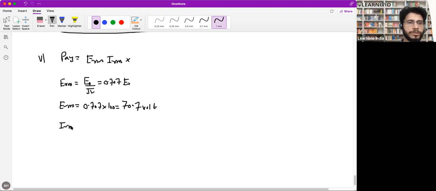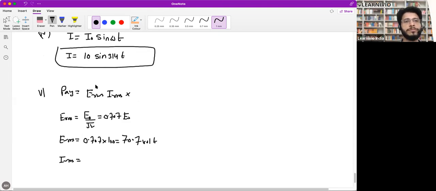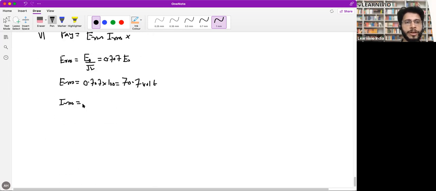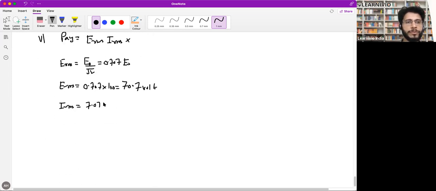Next, see how much is IRMS. IRMS is 10 by √2. Or you can say that this is 0.707 into 10. That comes out to be 7.07 ampere. So IRMS is 7.07 ampere.